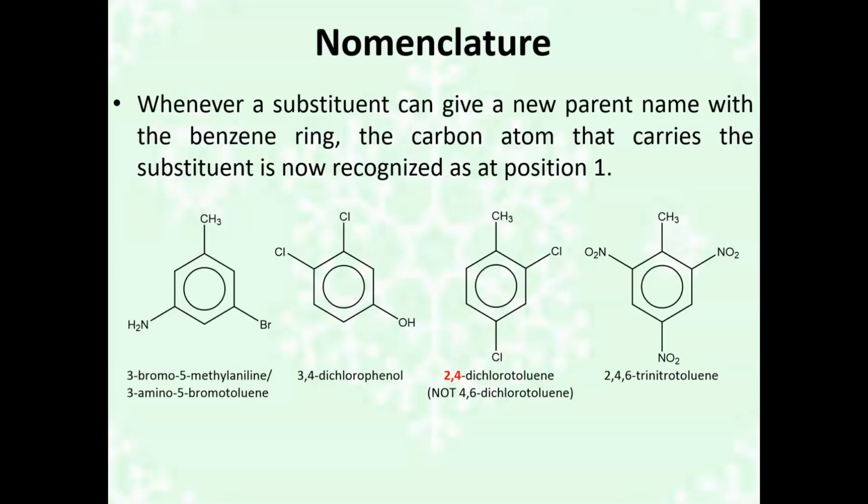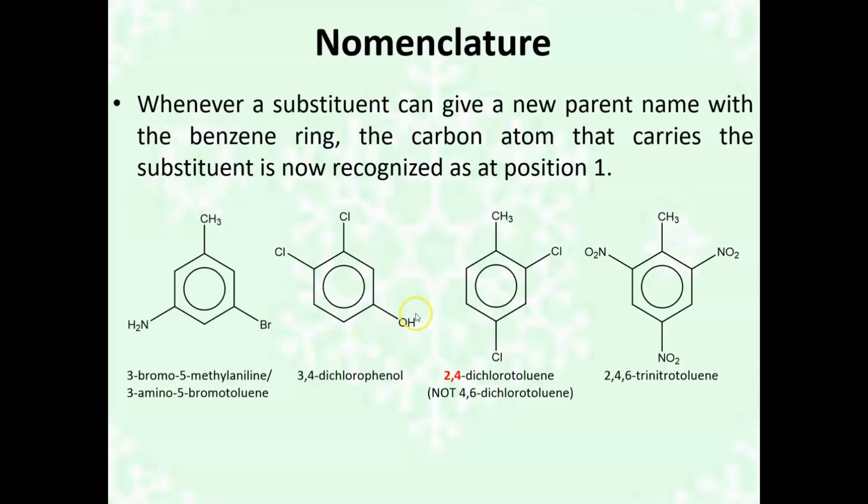Next example has 2 chlorine and 1 OH. The Cl attached to a benzene ring will not give any new parent name, but OH attached to a benzene ring will give you a new parent name, phenol.